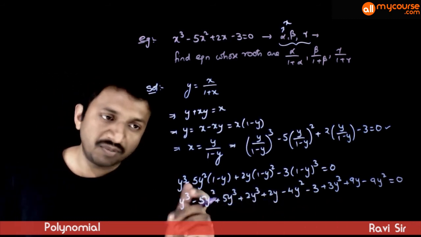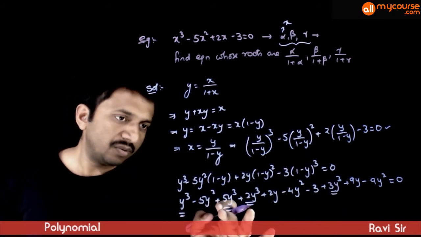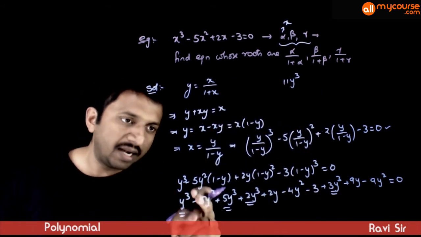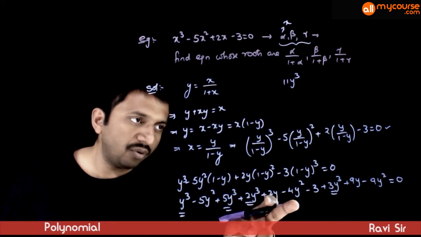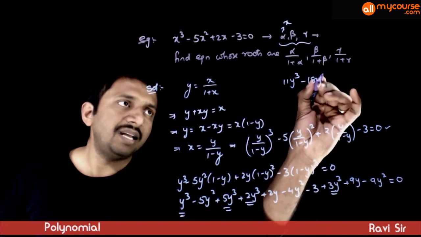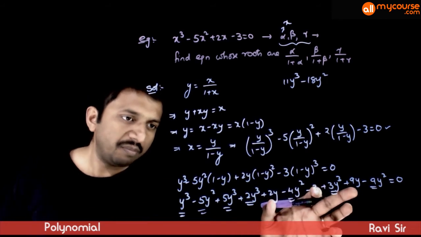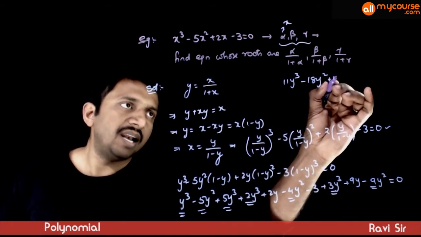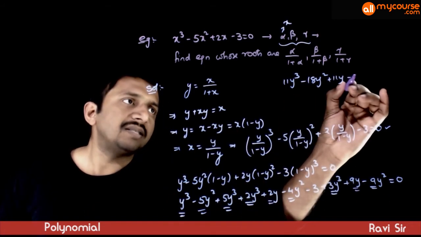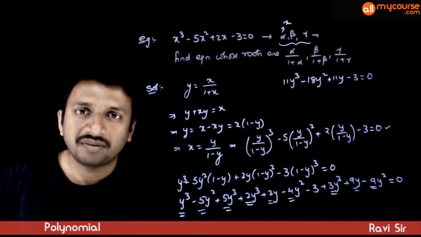So you just need to collect the terms: y cube, 5y cube, 2y cube, 3y cube. So 7, 10, 11. So 11y cube, and minus 5y square minus 4y square minus 9y square is minus 18y square. So these two are completed. 9y plus 2y is 11y. And minus 3 is equal to 0. So this is the required equation.